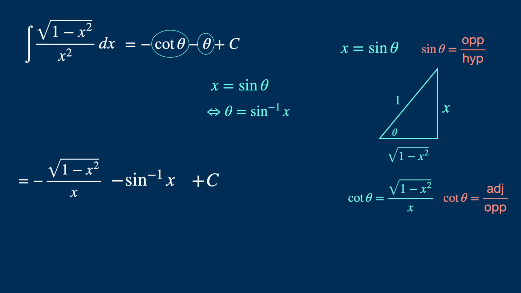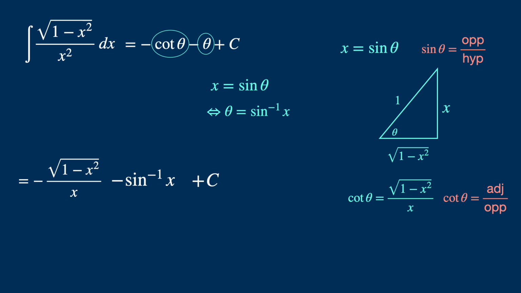So this first example is where we use x equals a sine theta. For the square root of a squared minus x squared form, you're going to use the trigonometric substitution x equals a sine theta.